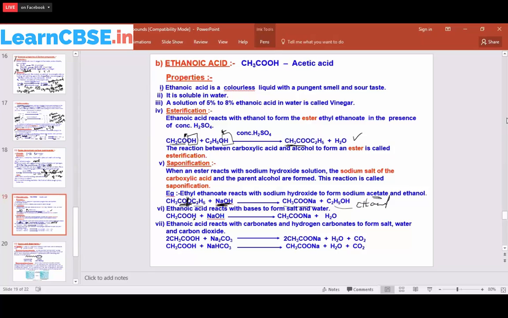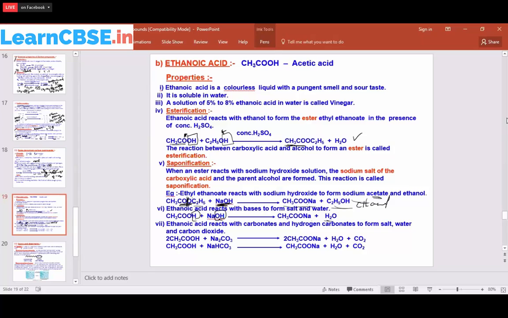Here the hydrogen and this OH will be removed, and in the place of the hydrogen we substitute the Na. CH3COONa plus water. In the saponification reaction, we get ethanol as the product. In the neutralization reaction, we get H2O. But in both reactions, we have the same product, sodium acetate or sodium ethanoate.